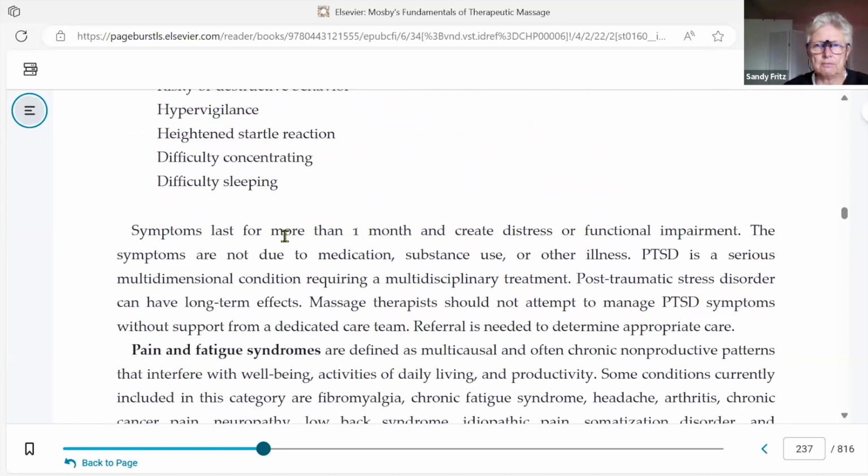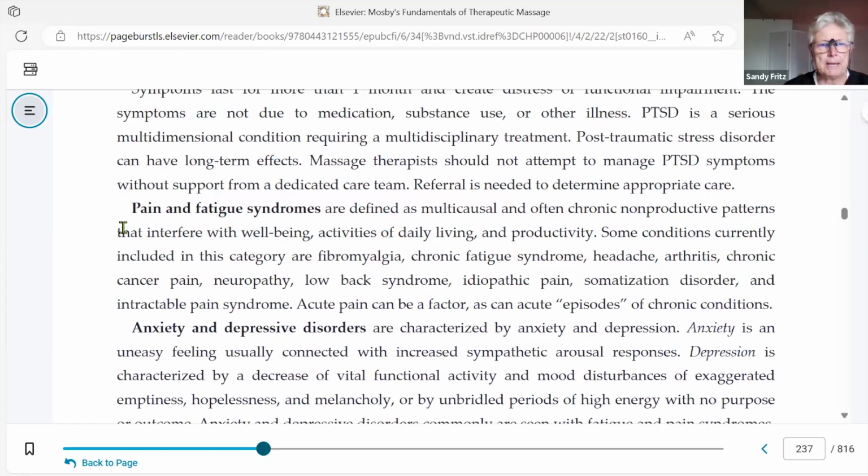And if we are going to work with people, we need the ability to communicate effectively among the support team. Pain and fatigue syndromes, along with anxiety and depressive disorders, are commonly interfaced with a person's way of coping with trauma.